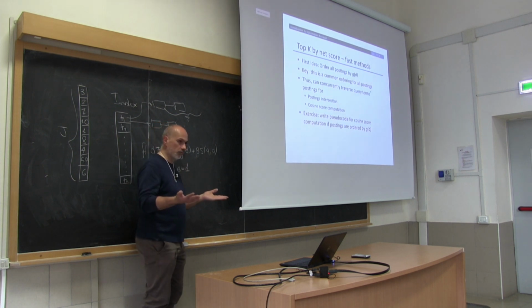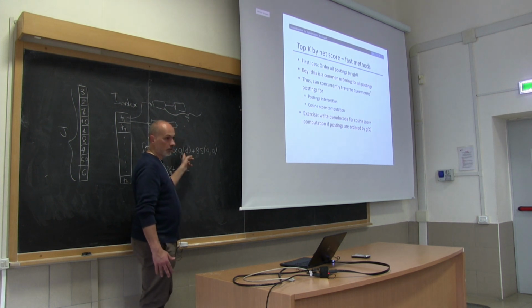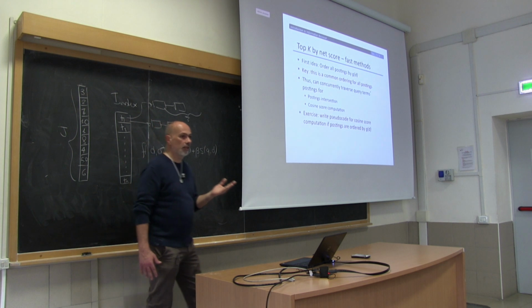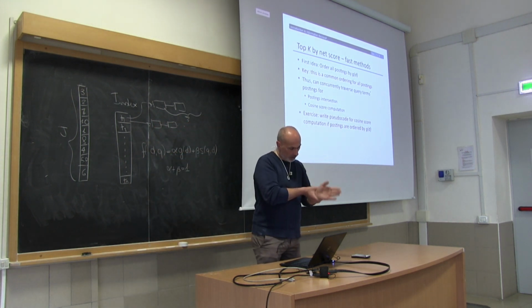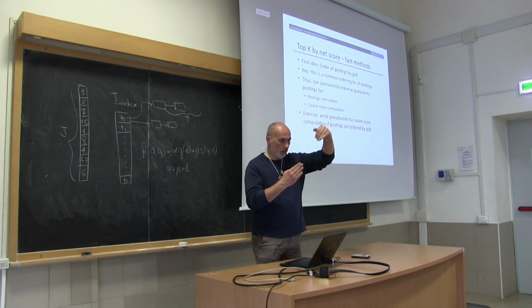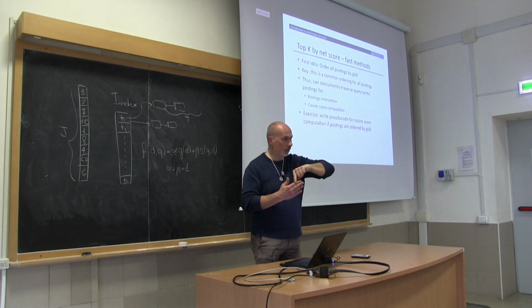So what you can do is the following. You sort posting lists by decreasing static scores, and you apply the idea of champions list. So essentially, you will scan the posting list, but stopping when you have reached, let's say, R documents in every posting list.